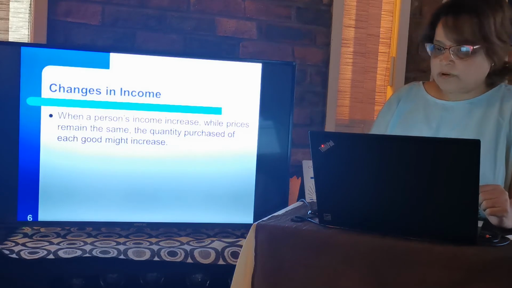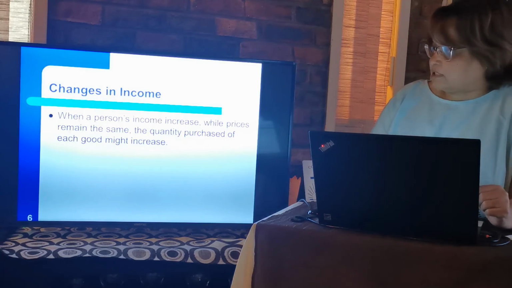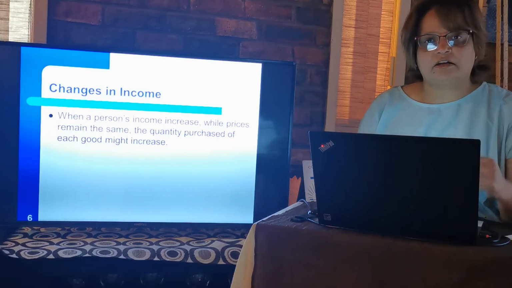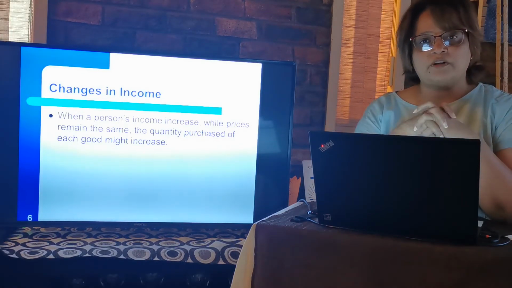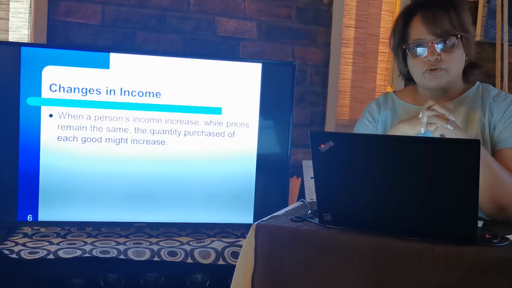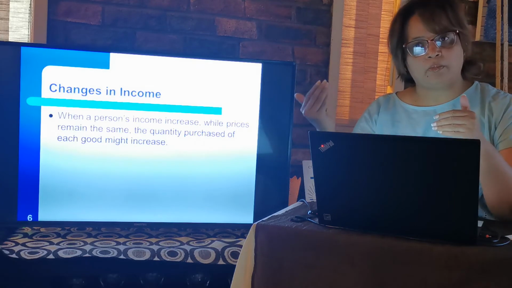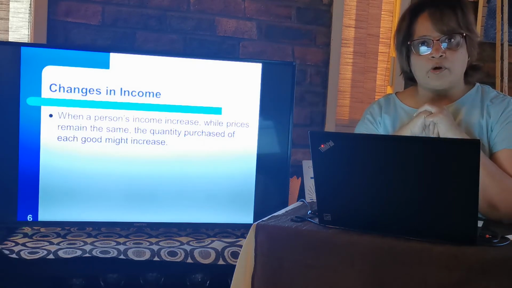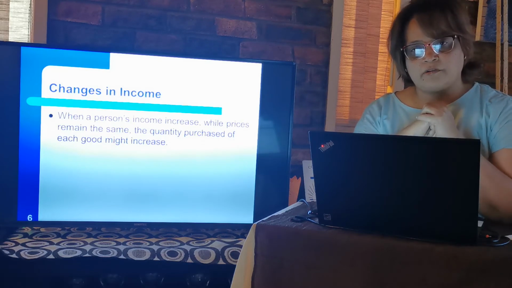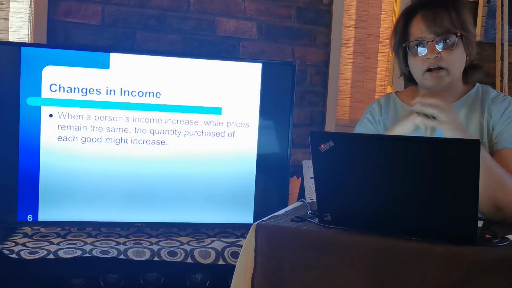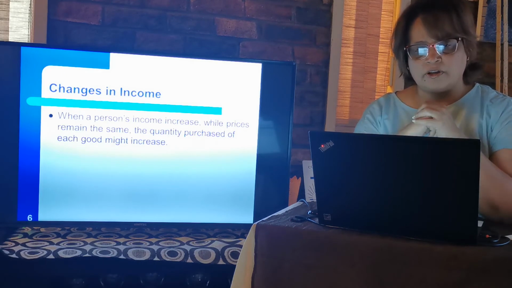When a person's income increases while prices remain the same, the quantity purchased of each good might increase. So that was the previous video when we spoke about normal goods. Your income increases and you're going to buy more. I think I made the example of going for a cup of coffee, which is 3 Rand at McCafe, and you usually buy 5 cups at X amount of income.